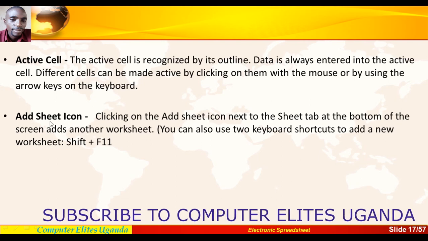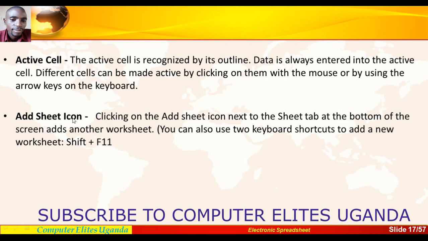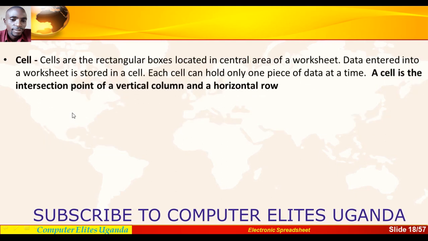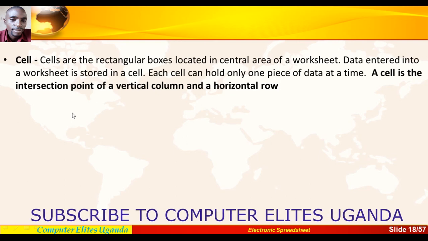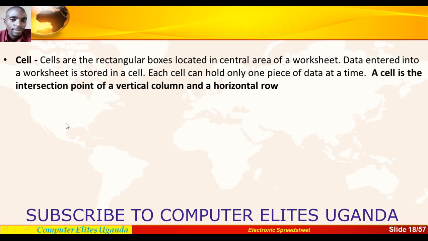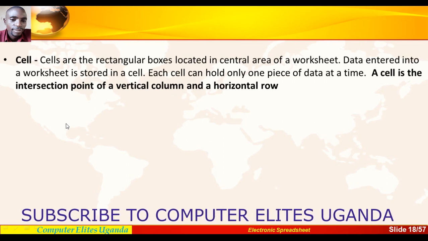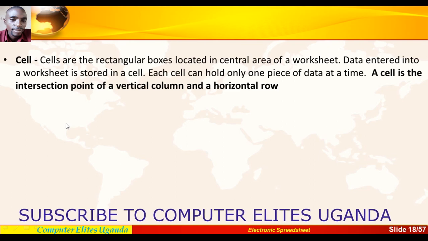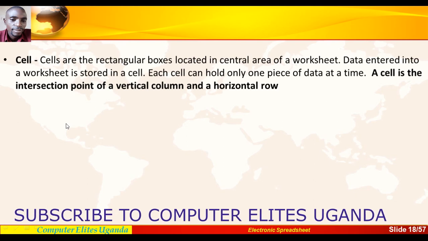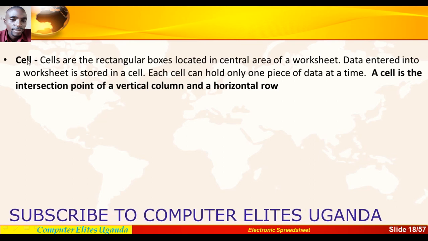Then another one, we have a cell itself, and when you talk of a cell, that is an intersection between a column and a row. The intersection point of the vertical column and the horizontal row is what we call a cell.